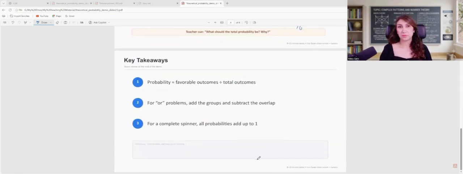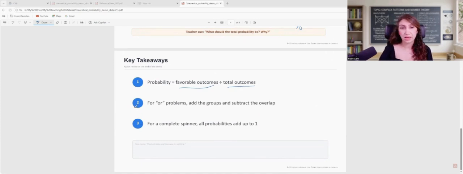Okay, let's summarize today's lesson. We have 3 ideas here. The first one is probability equals favorable outcomes divided by total outcomes.